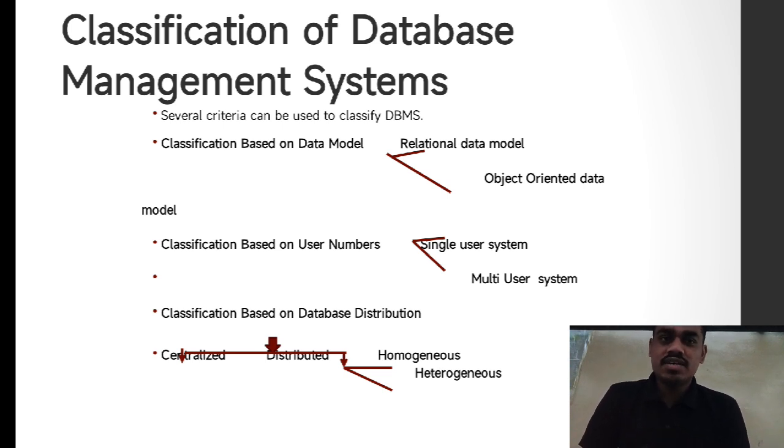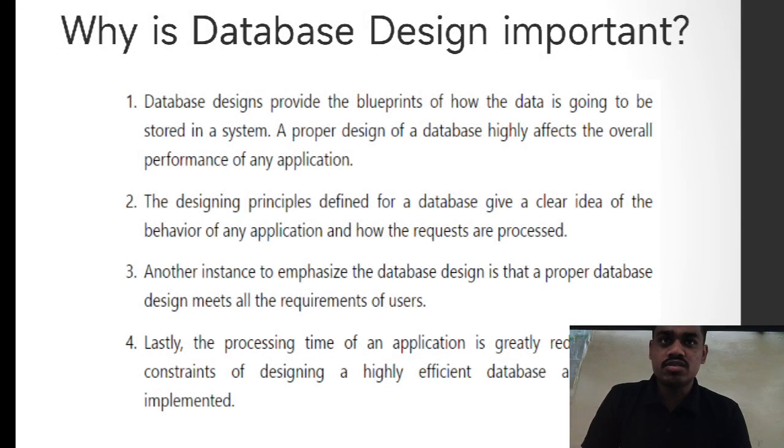The third classification is based on database distribution. First is centralized and distributed, and the distributed database is further divided into two types: homogeneous and heterogeneous.